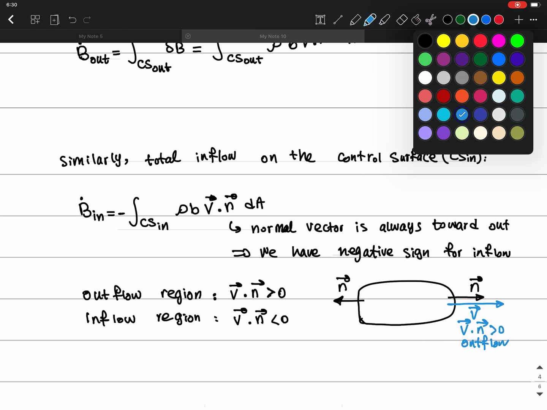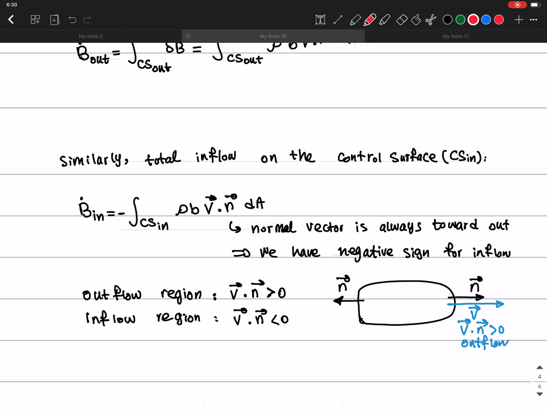And then if you have this inflow region, where the fluid is coming into this control volume, so this black one is CV, a fixed control volume, here V dot N is going to be negative, right? Because they have different signs, okay?